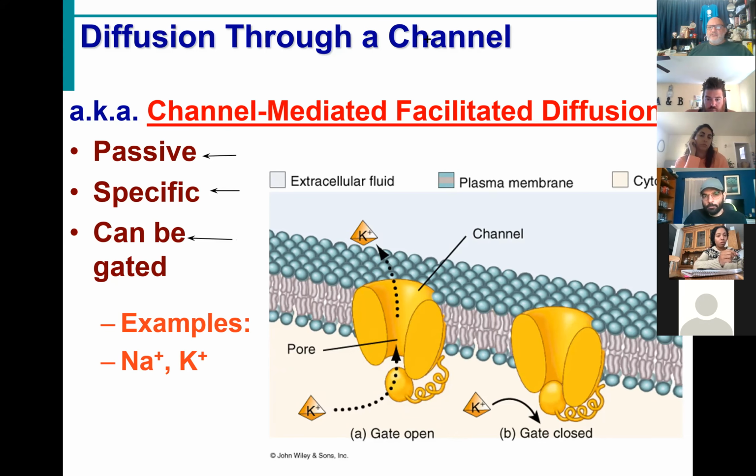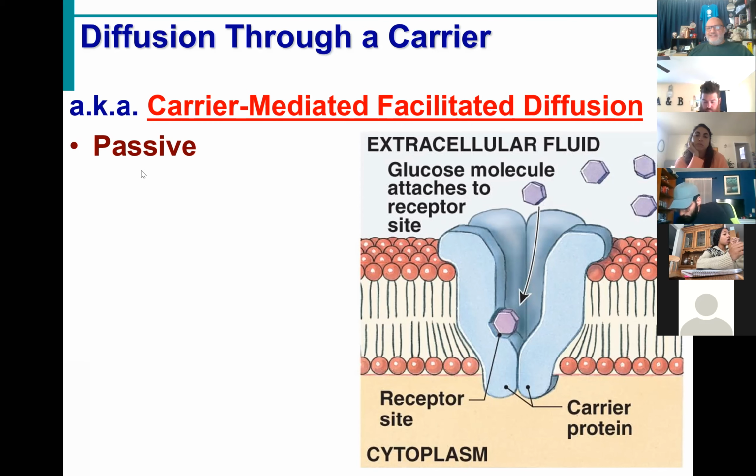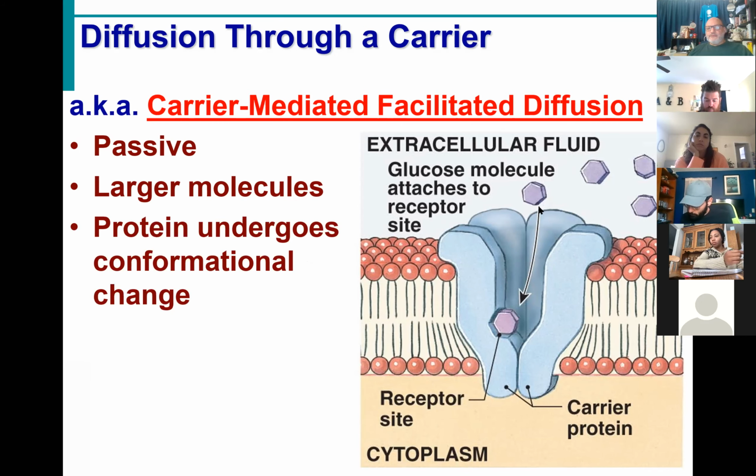This is different from our carrier. Notice again, a little bit better drawing, our phospholipid bilayer. Here are our proteins. Notice they are open at one end. They do not use ATP, they're passive. And this allows larger things like glucose to get in. When that glucose binds, our protein undergoes a conformational change, which is a fancy way of saying what? Changes shape.